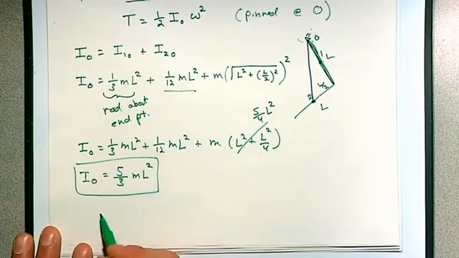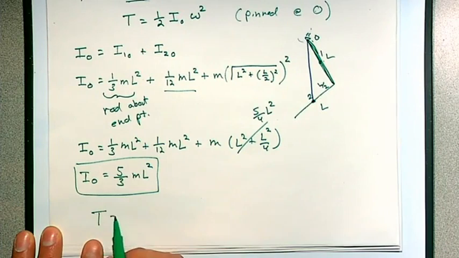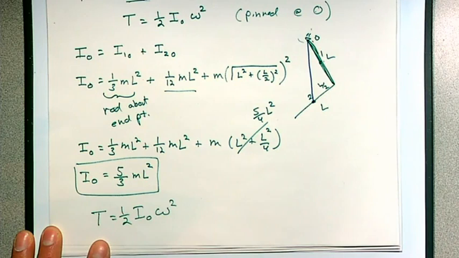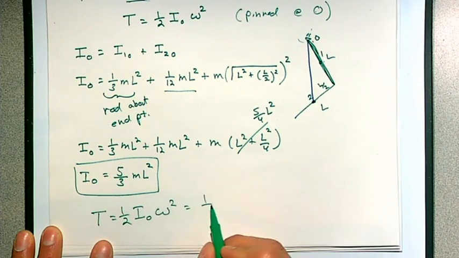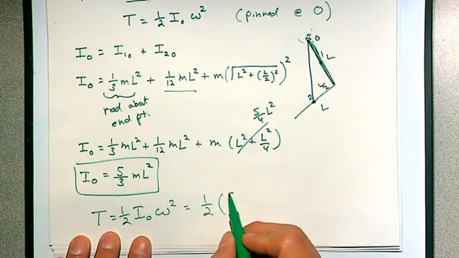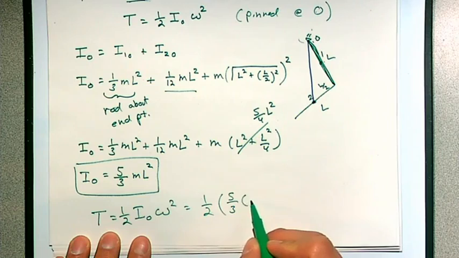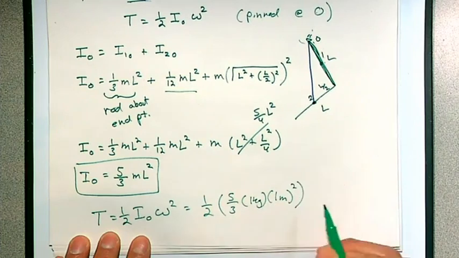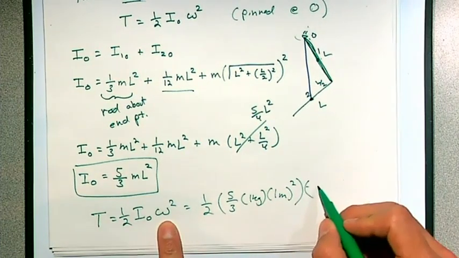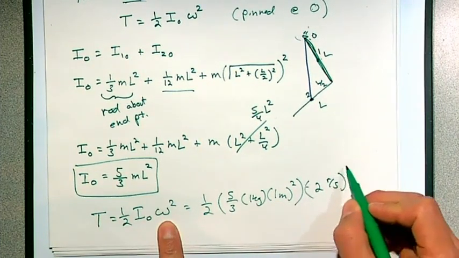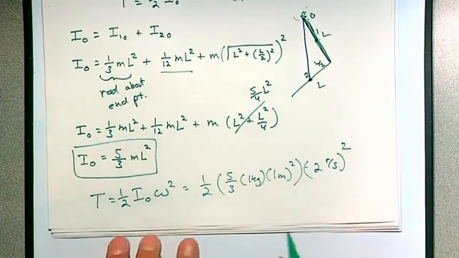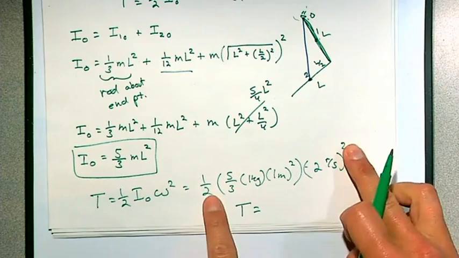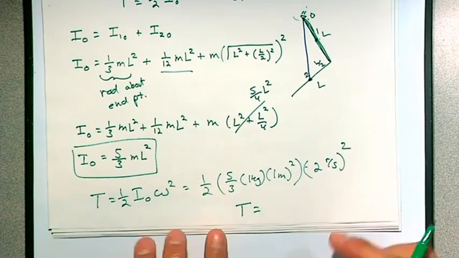Now the easy part, what's the kinetic energy? T is half IO omega squared. So for us, IO was 5/3. Mass is a kg. L is a meter. Omega was 2 radians per second. All right. 2 squared divided by 2 is a half.